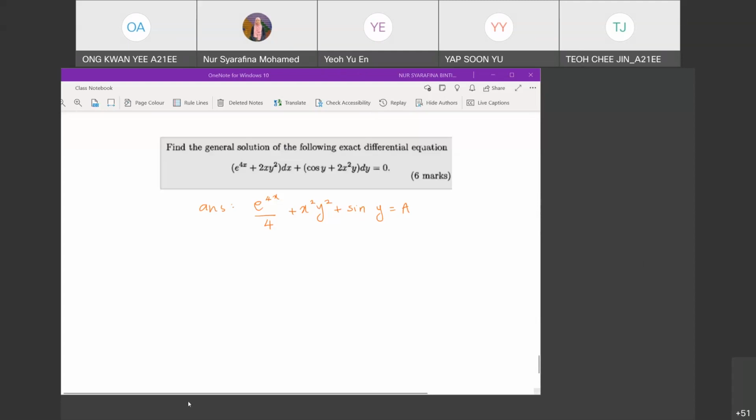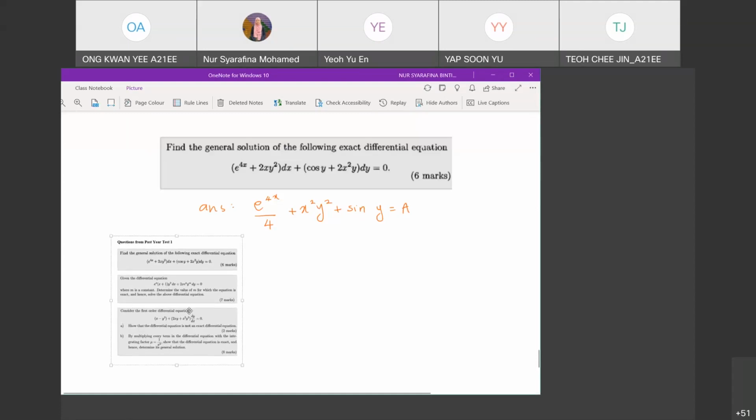All right, got it? Yes. Okay, good. So I hope you can try the rest of the questions there. Let me give you the answer for you to try before we proceed with the next differential equation.